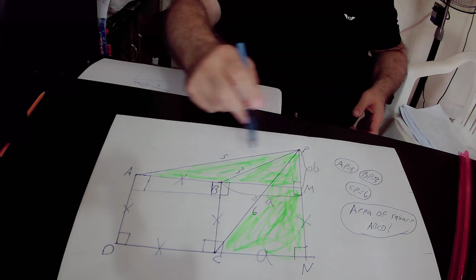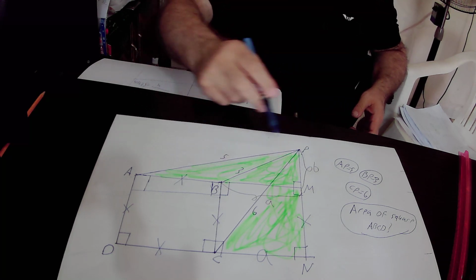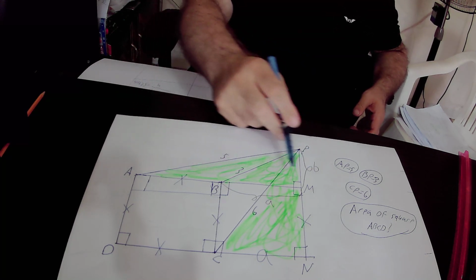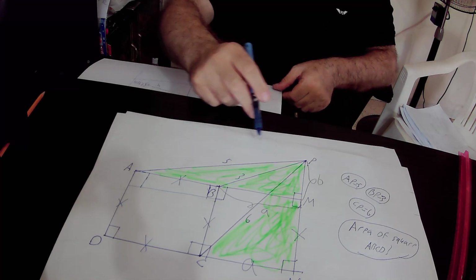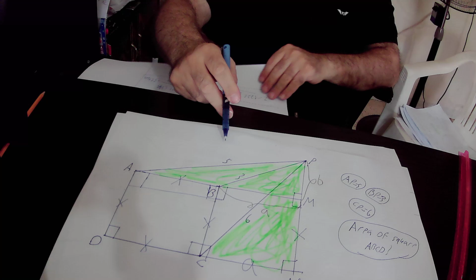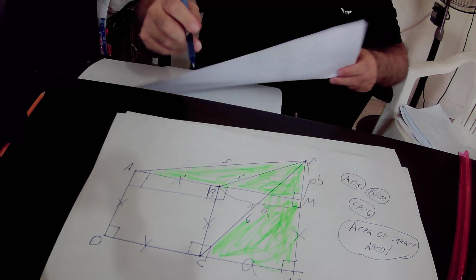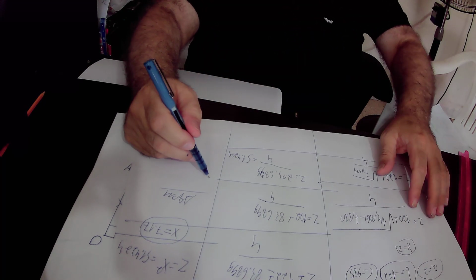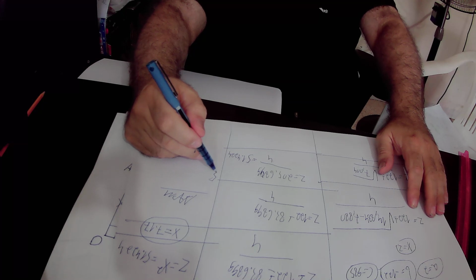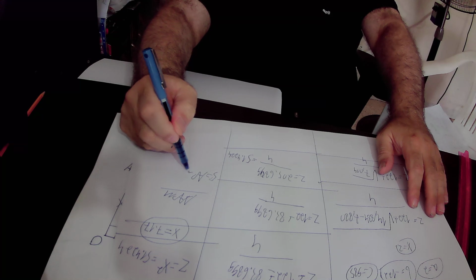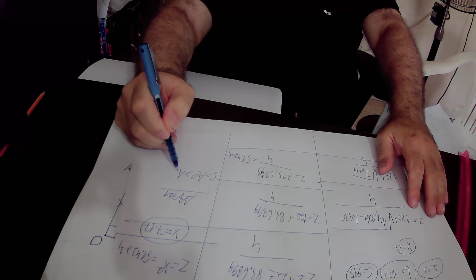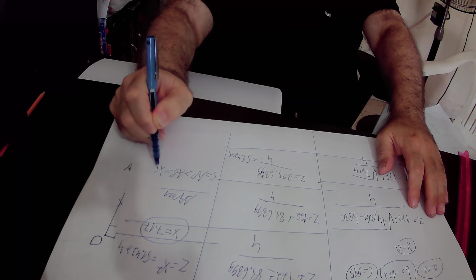So if AP is bigger than AM, let alone that AP is bigger than AB, that is part of AM. So we found out that AP, the hypotenuse that is equal to 5 units, is bigger than AB that is equal to x. I write it down. The hypotenuse AP that is equal to 5 units is bigger than AB that is equal to x.